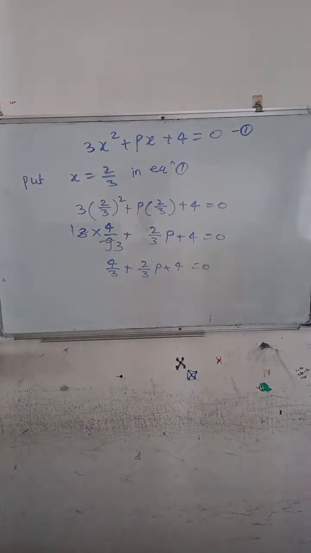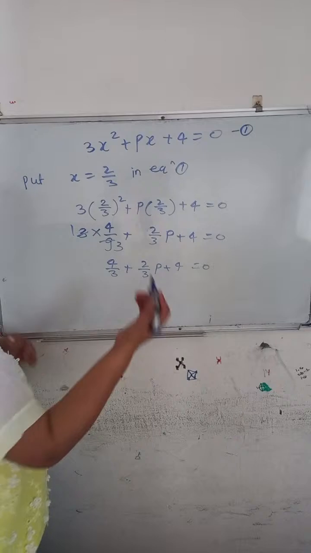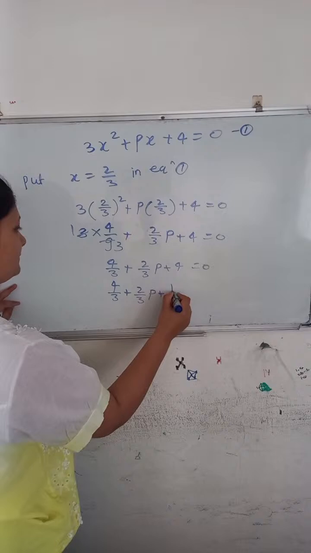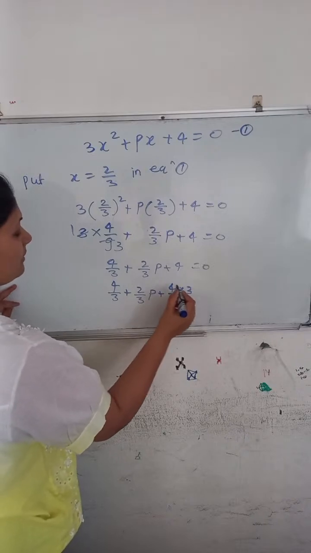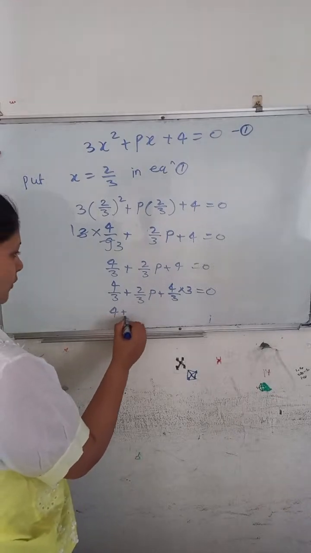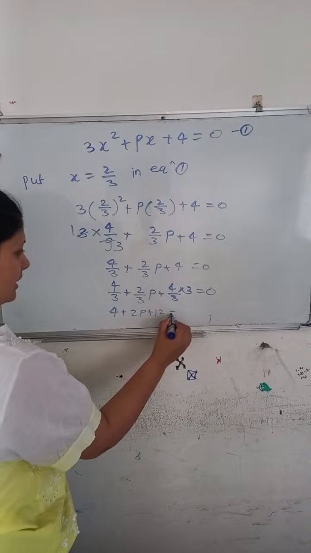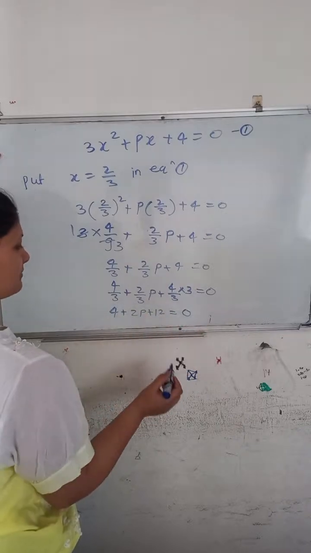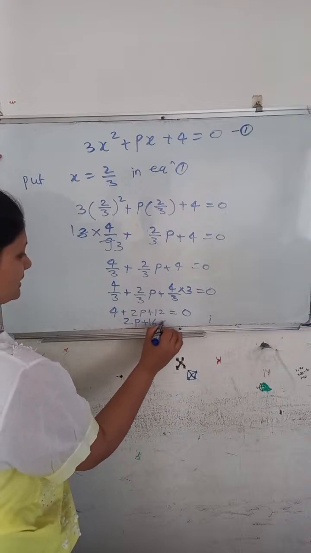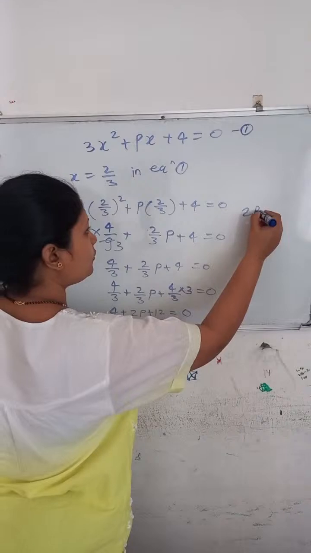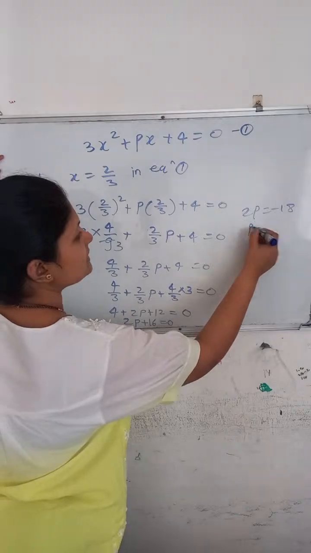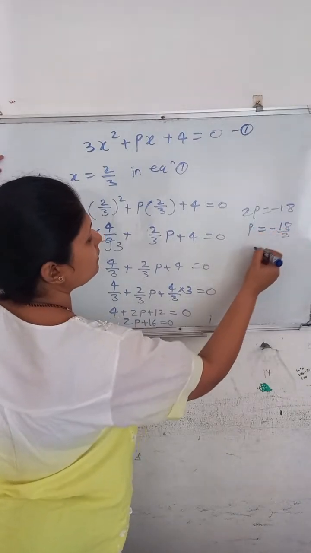Now multiply and divide by 3: 4 by 3 plus 2 by 3p plus 4 by 3 into 3 is equal to 0. So 4 plus 2p plus 12 is equal to 0. So 2p plus 16 is equal to 0, so 2p is equal to minus 18, so p is equal to minus 18 by 2.